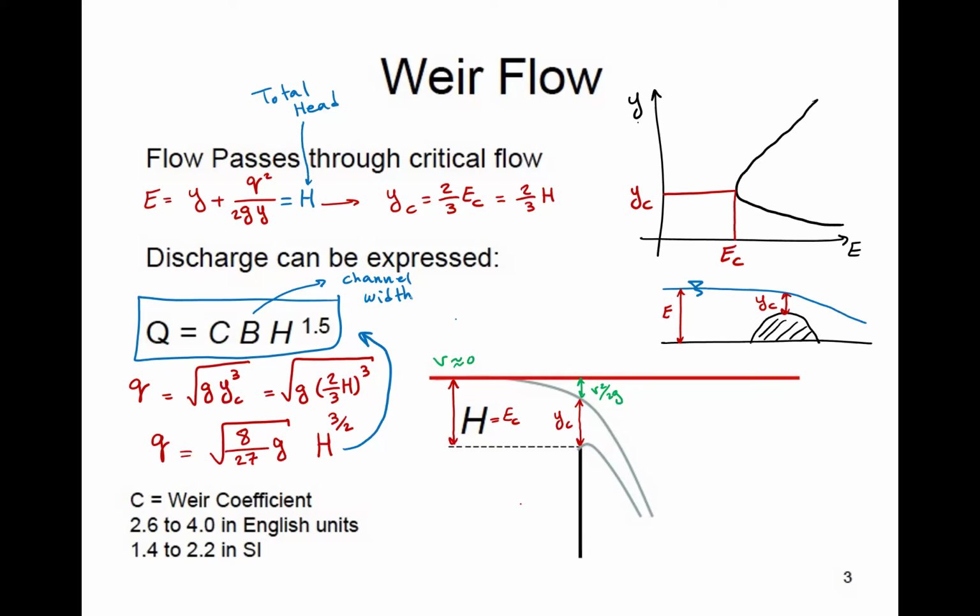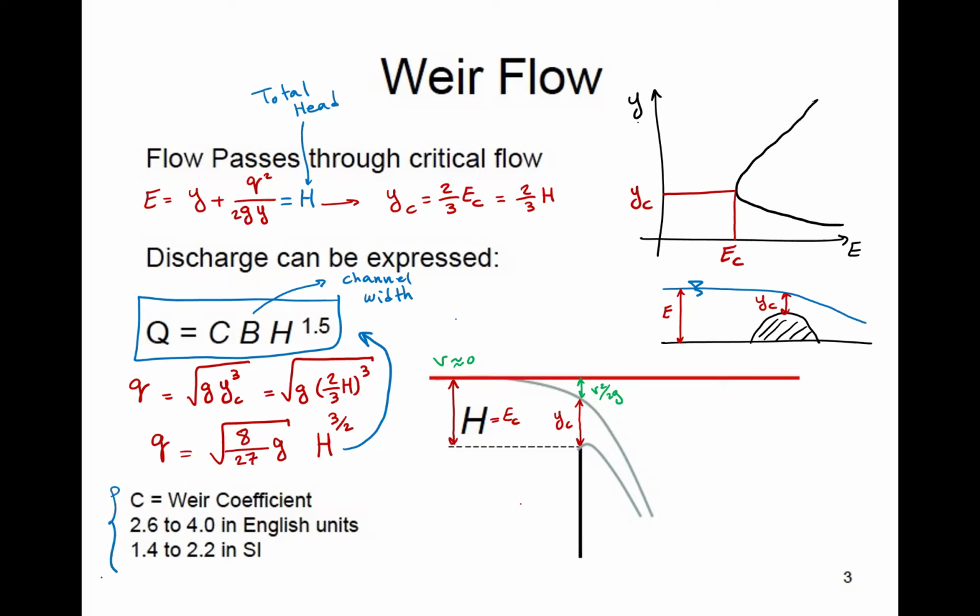So to account for that, those are typically not easy to estimate or theoretically evaluate. So instead of doing that, we go ahead with these assumptions and we add a correction to our equation at the end. That C is the discharge coefficient or weir coefficient, as it's called, or discharge correction coefficient, different terms, but it's really a coefficient added to account for all these assumptions. So that's what C is.